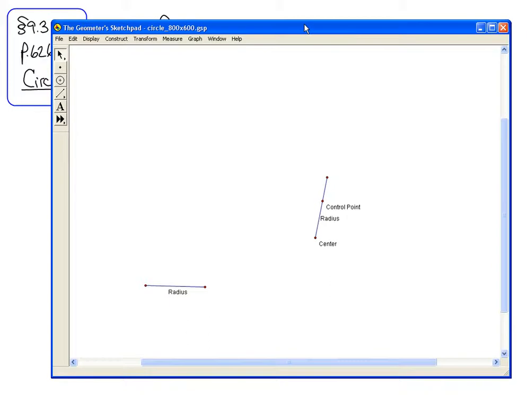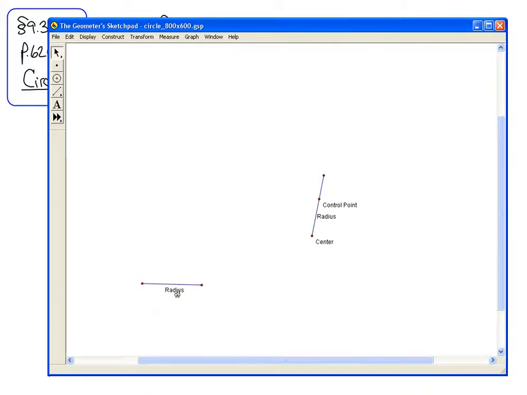Okay, what do we mean by this locus, this collection of points? Well, what we have here is a construction of a circle. Here I have predefined the length of my radius. The length of this segment down here is the length of this segment. Here is my center, my fixed point. And by dragging this control point, this arm, and the point on the end of it, is going to draw out a series of points that are all this distance away from the center.